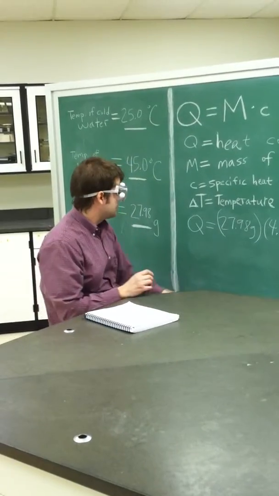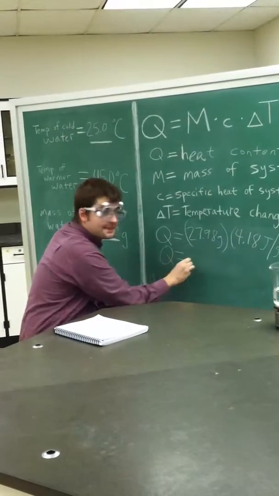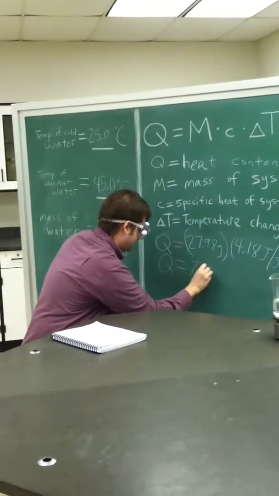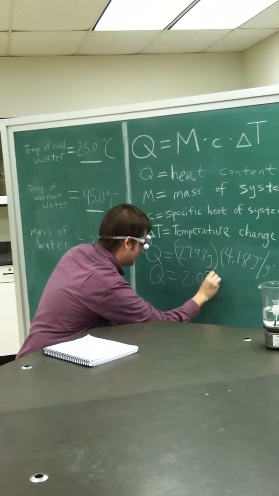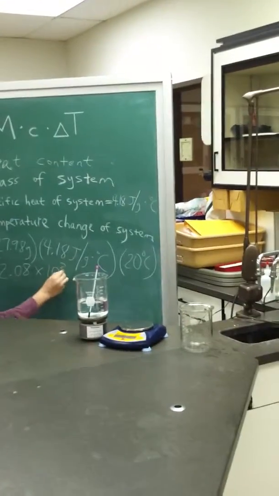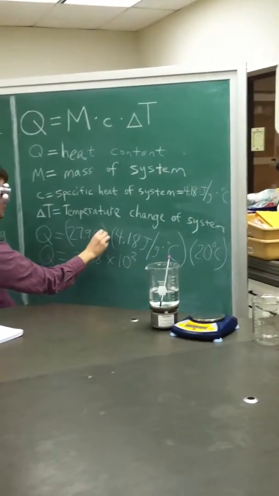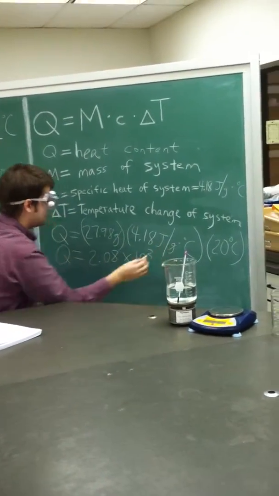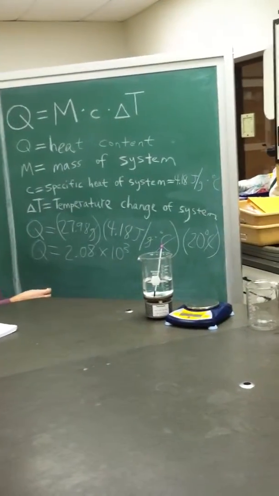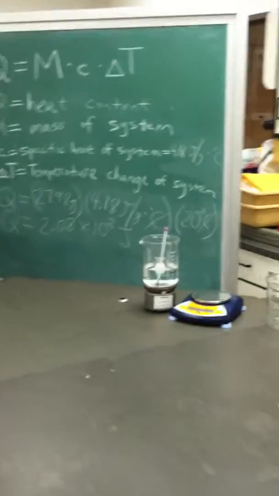All right. Now, so the value of Q will be 2.08 times 10 to the third. Now, what are our units? Well, we cancel our grams, cancel our degrees Celsius, and we have joules.